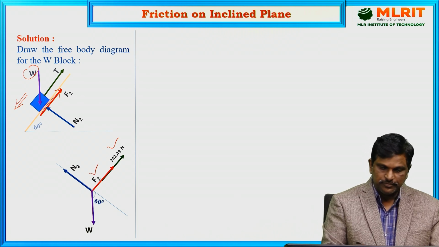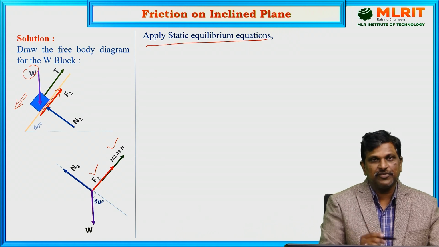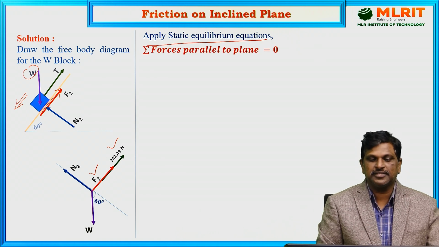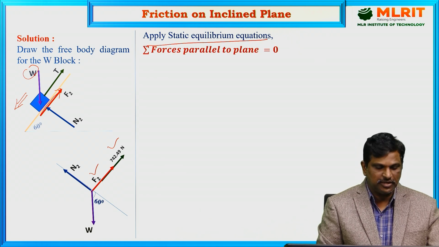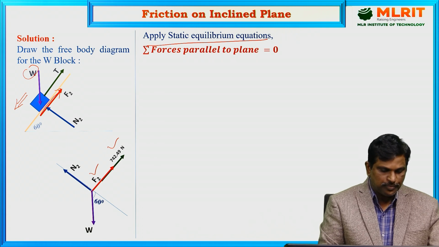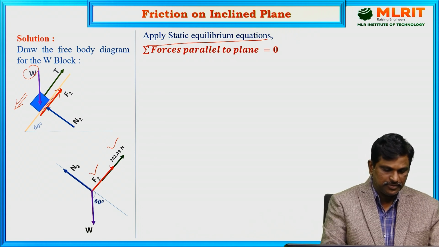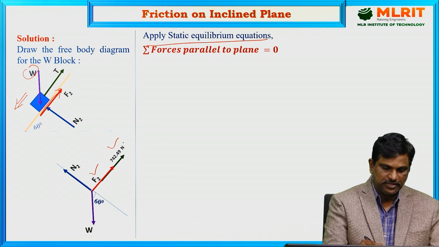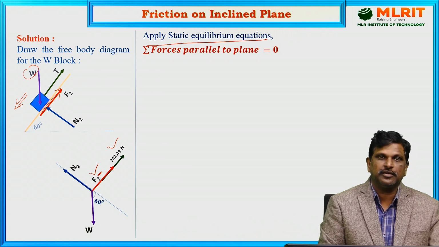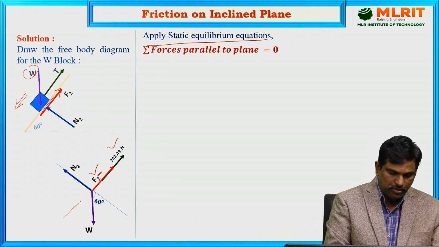Right. Now apply static equilibrium equations once again. Forces acting parallel to plane is equal to 0. Parallel to plane, we have three forces: tension in the string, friction, and the weight component.